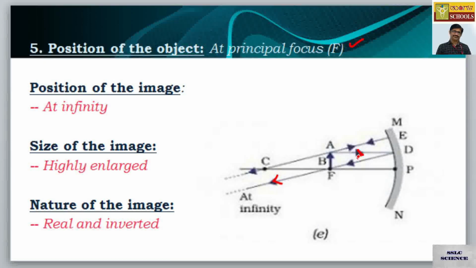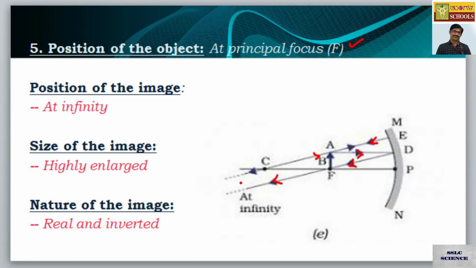Starting from this point, it is moving after reflection through principal focus, and the other ray which is passing through center of curvature C is coming back and it is moving further. So when you trace that, you find the image exactly at infinity.